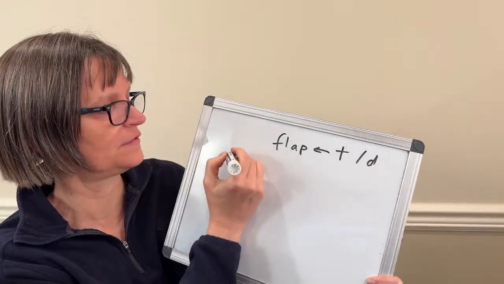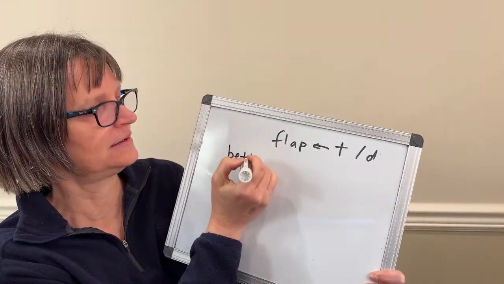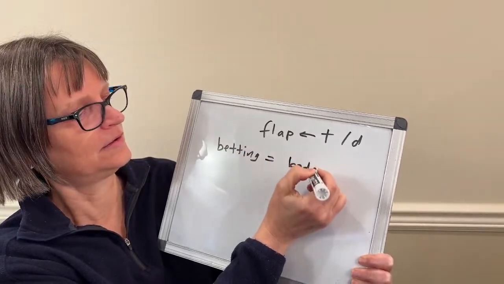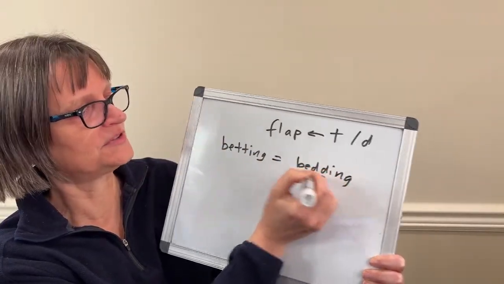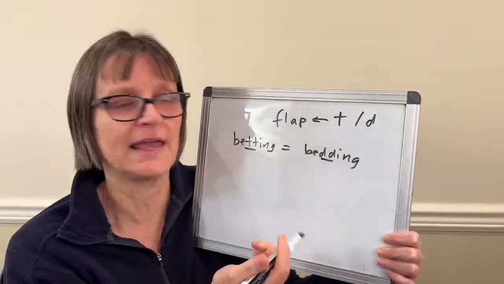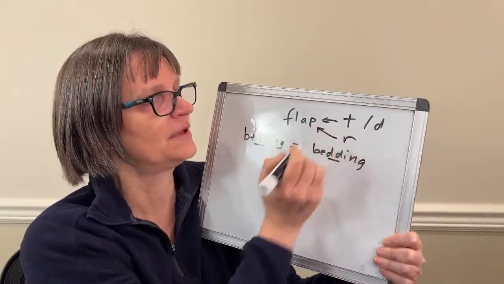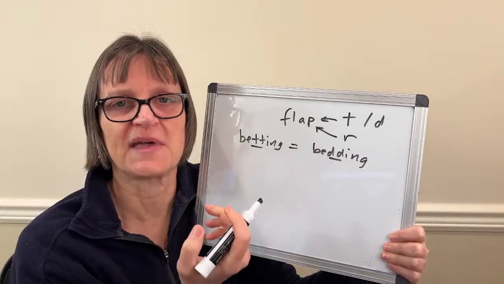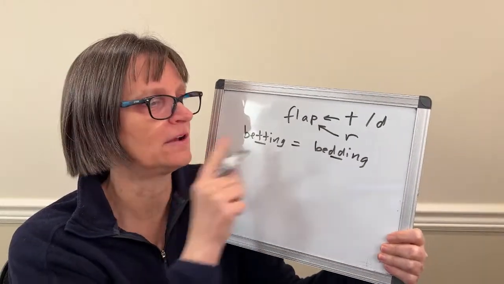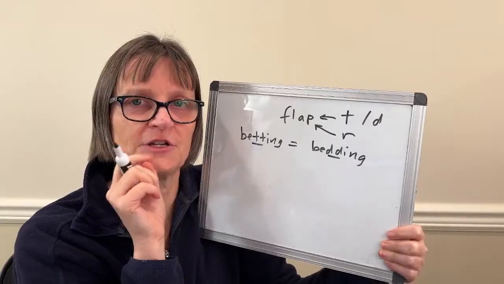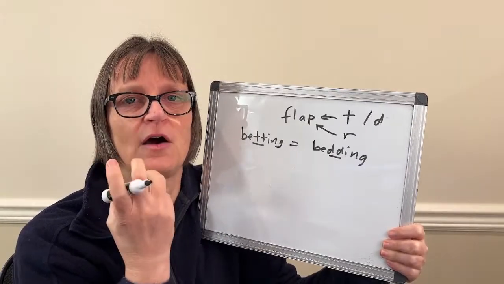So if I'm saying, for example, bedding or betting, in both of those, I'm using a flap here. In other languages, R is pronounced as a flap. So in Spanish, pero, that R is going to be a flap sound. A flap is just the tongue touching up behind the teeth without building up pressure.